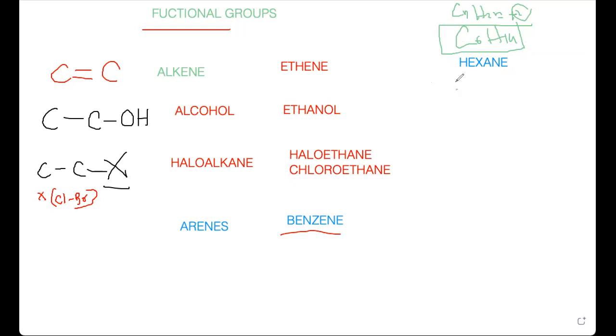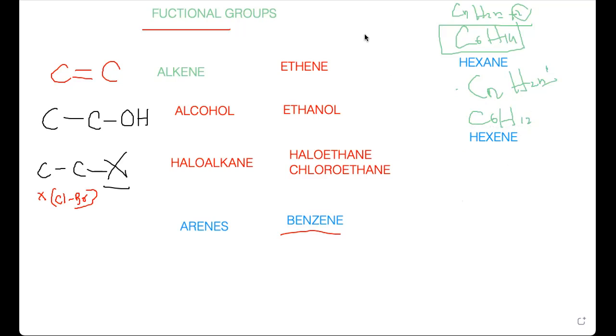Or you can use the general formula of alkene, which is CnH2n. So you will get C6, H2n, n means 6, so 2 multiplied by 6 will give you H12. Carbon is making a double bond with another carbon in this compound, so definitely you have to remove 2 hydrogens. See? So this is hexene. Is there any confusion in this compound?